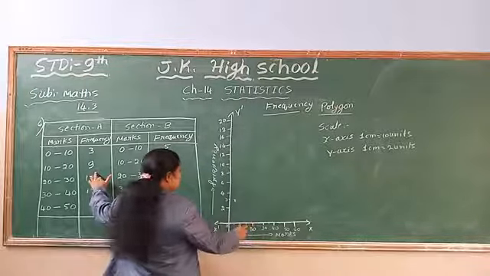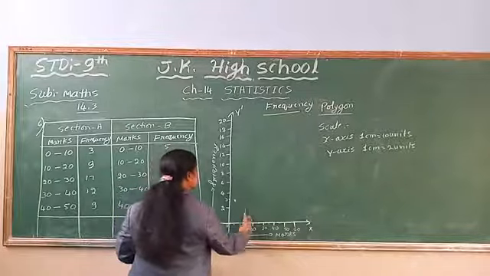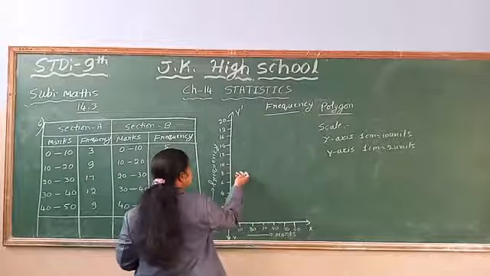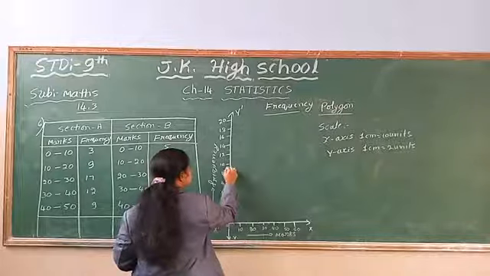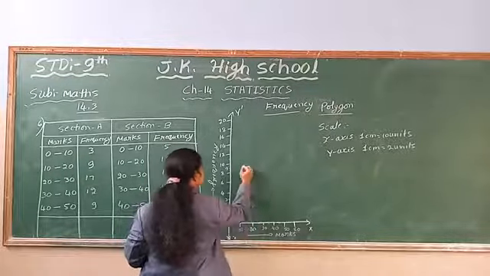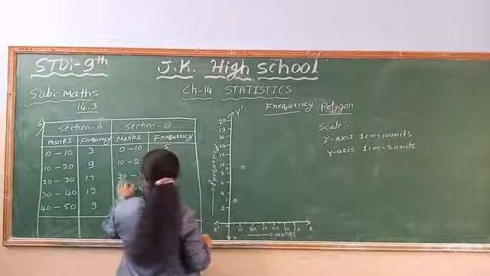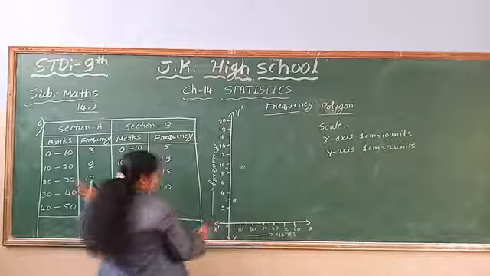Then for 10 to 20, the midpoint is here, 9. In the graph it becomes correct, children. You have to mark it in this manner. Then 20 to 30, 17.